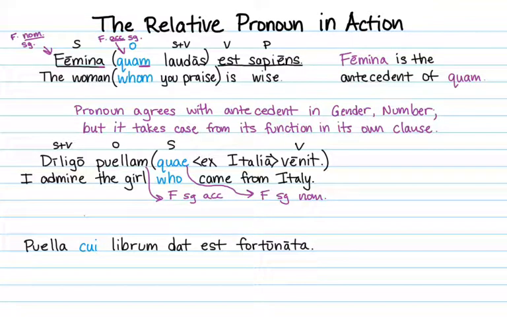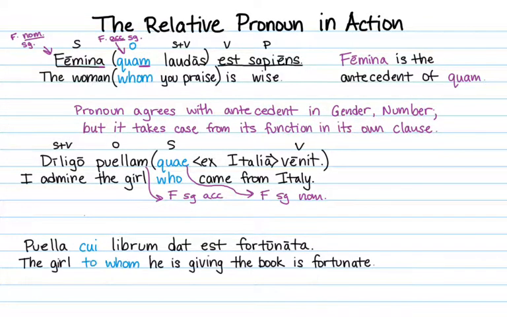Next up is puella cui librum dat est fortunata. The girl to whom he is giving the book is fortunate. The main sentence is puella est fortunata, and cui librum dat is the relative clause. It has a subject plus verb, dat, a direct object, book, librum, and an indirect object, cui.